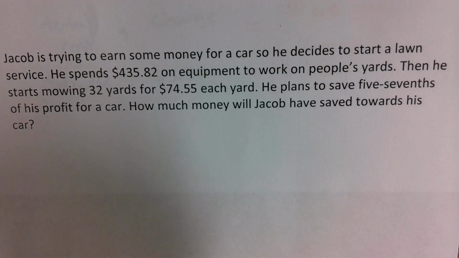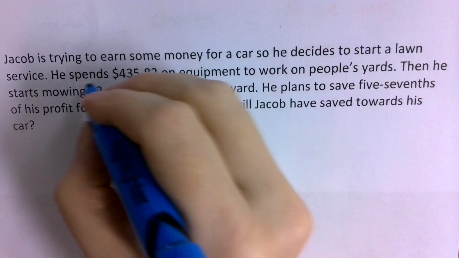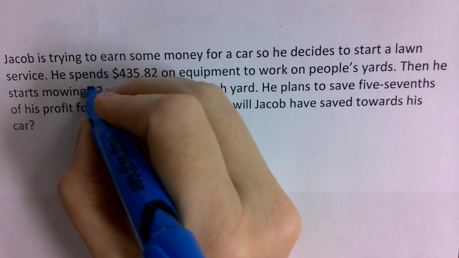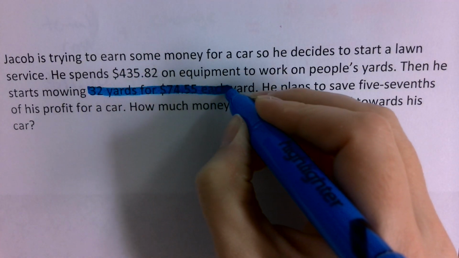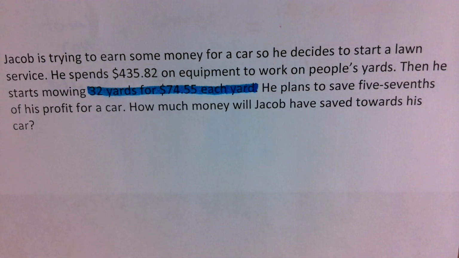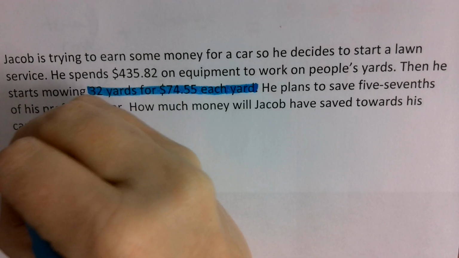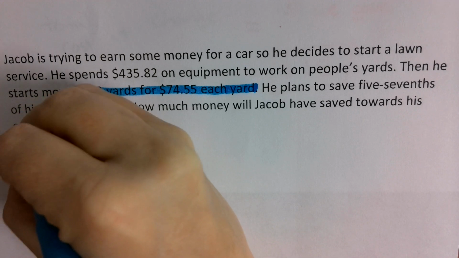Okay, so the first thing I'm going to do is take the 32 yards that he's mowing at $74.55 for each yard, and what am I going to do with that? What operation is that going to be? Brian? Multiplication. Okay, so this is how much he earns.